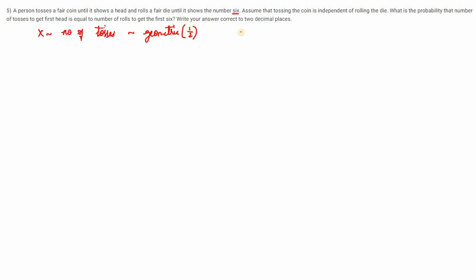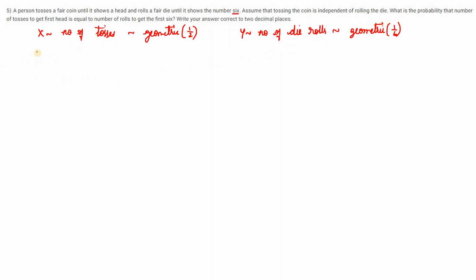Now what about the second random variable, that is y? It is nothing but the number of die rolls until we get the number 6. This is nothing but geometric of 1 by 6.